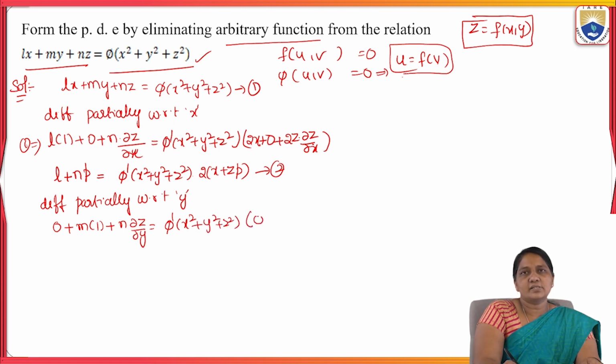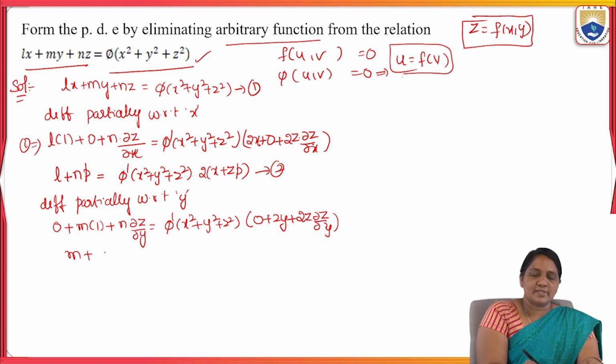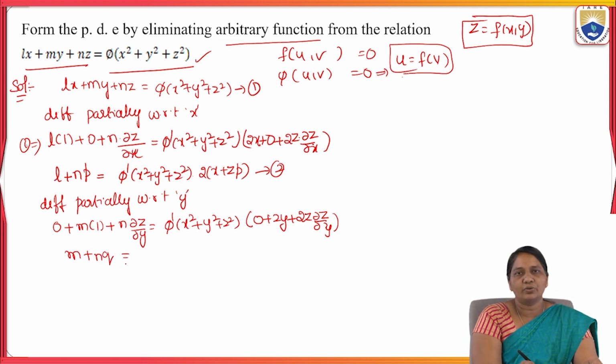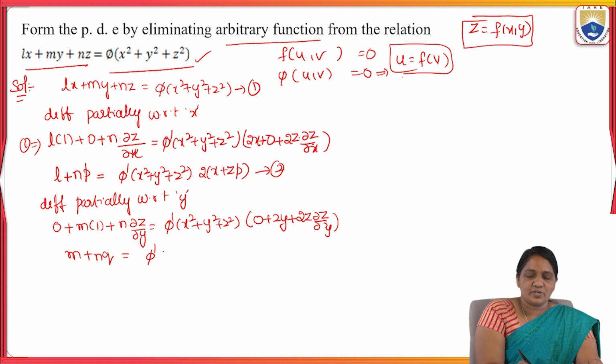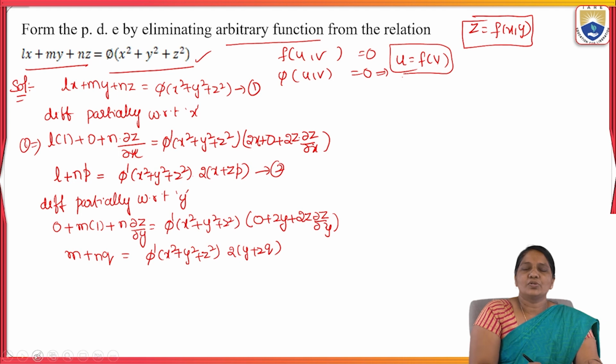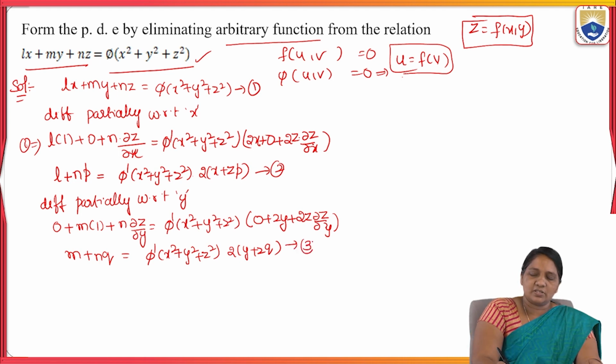And here x square gives 0, y square gives 2y, plus z square gives 2z into dou z by dou y. Simplifying, m plus n into q, where dou z by dou y is q, is equal to phi dash of x square plus y square plus z square, taking 2 common, y plus zq. This is equation 3.